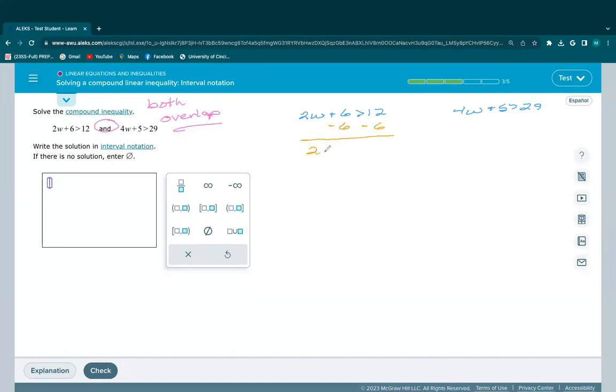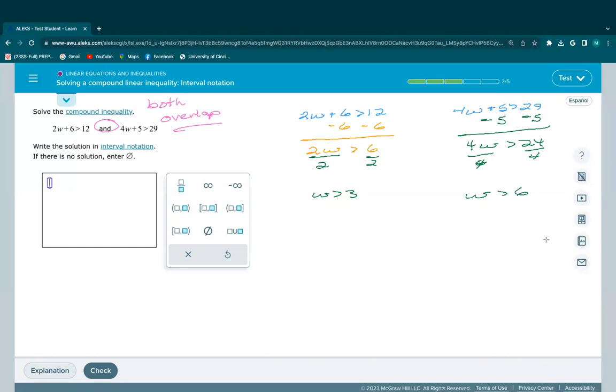We have 2w is greater than 6. Divide by 2. And we have w is greater than 3. We're going to subtract 5 over here. 4w is greater than 24. Divide by 4. And we have w is greater than 6.